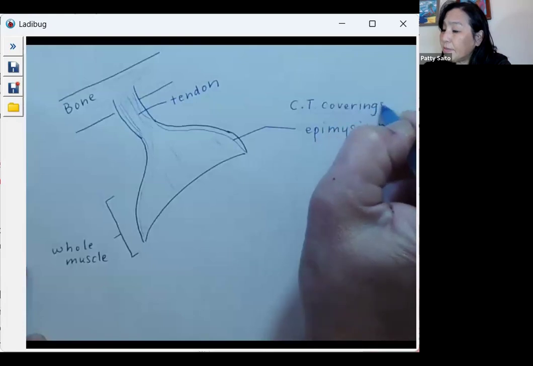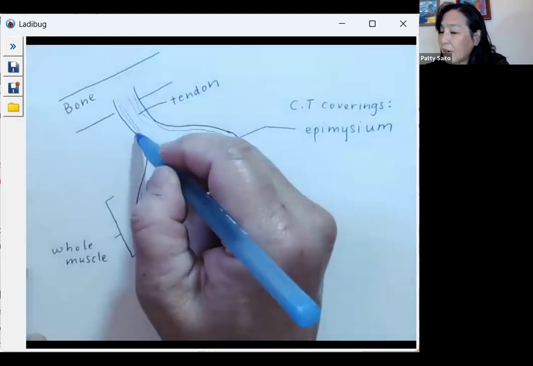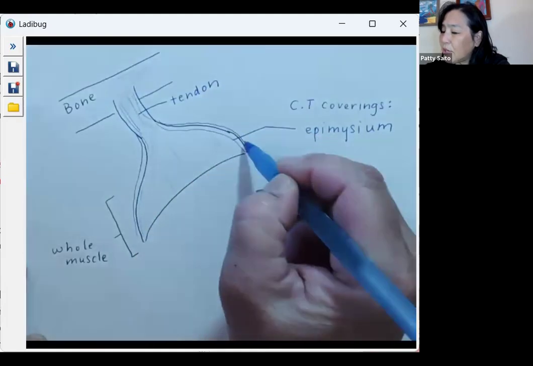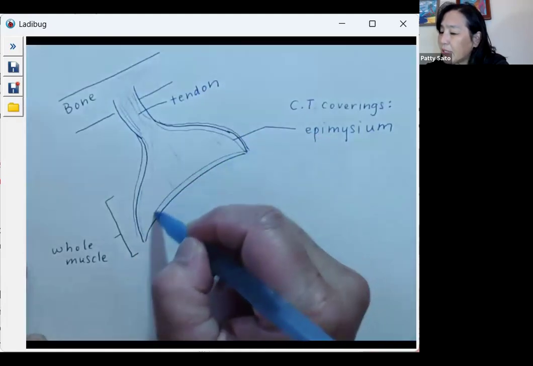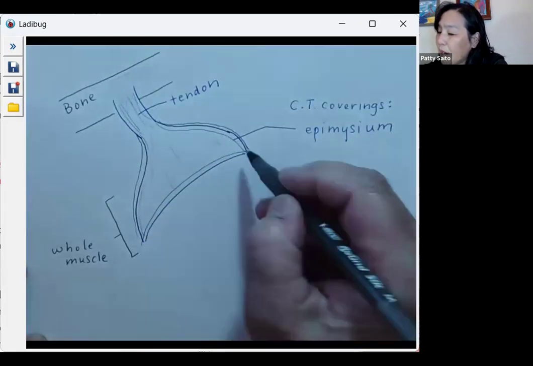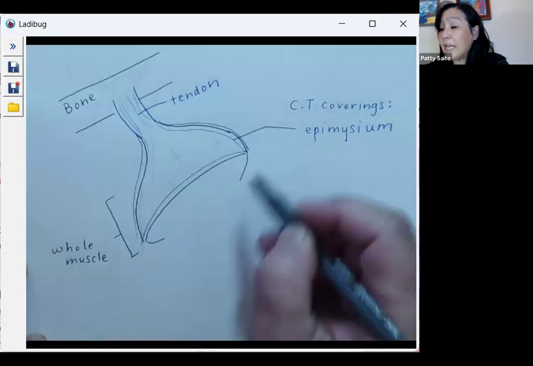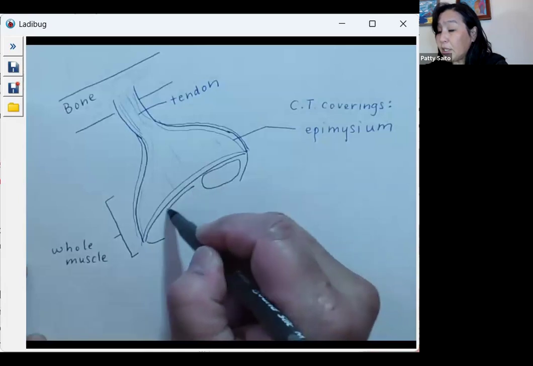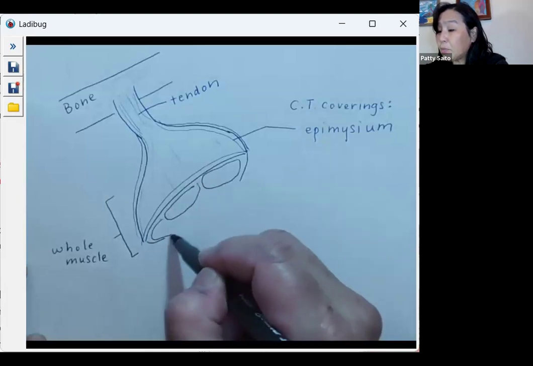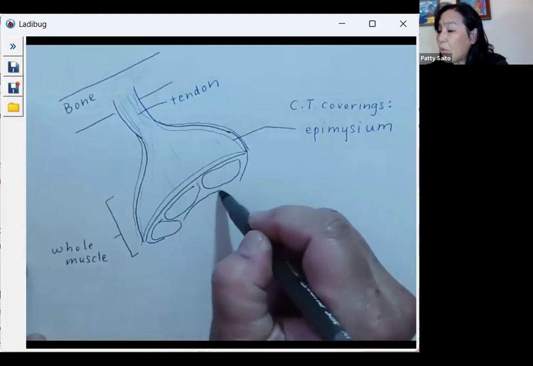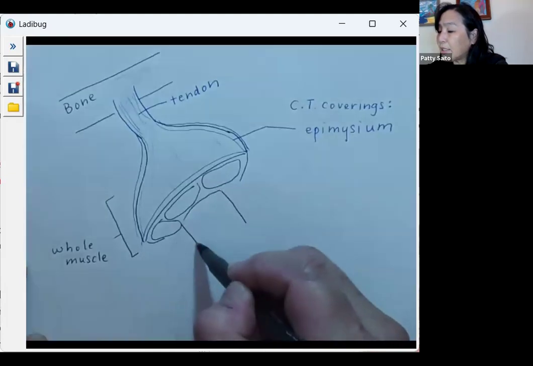So is that clear? We're talking about two different things: the connective tissue covering around it like this, and over here, the entire structure. Now, you remember I mentioned that muscles are composed of different units within it. It's partitioned off into different structures, and I'm going to pull out one of those structures like this.